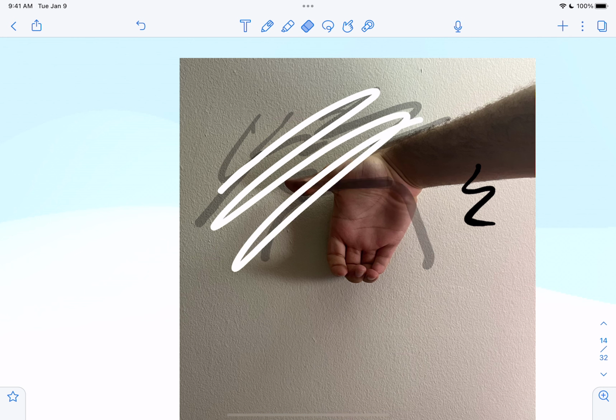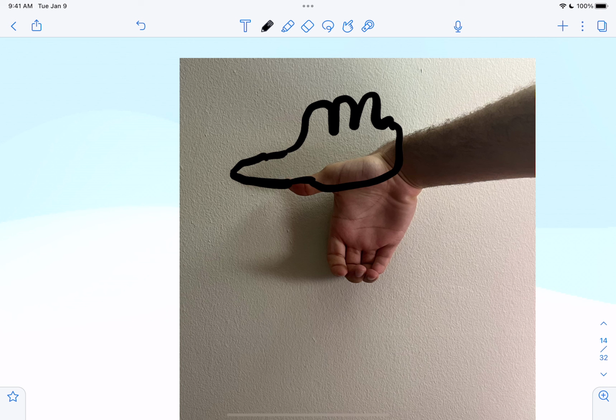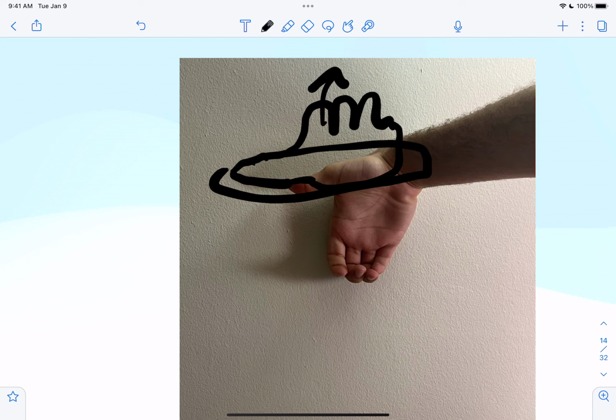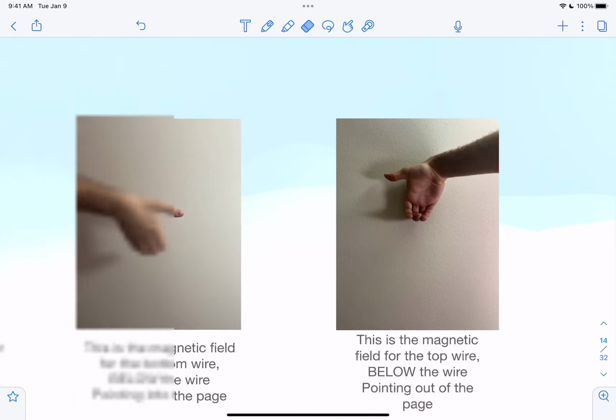So basically, your thumb kind of points this way, and then your fingers, once again, forgive my drawing, I hate drawing, would wrap around this current right here, this wire, and they would go into the wall, into the page. But yeah.